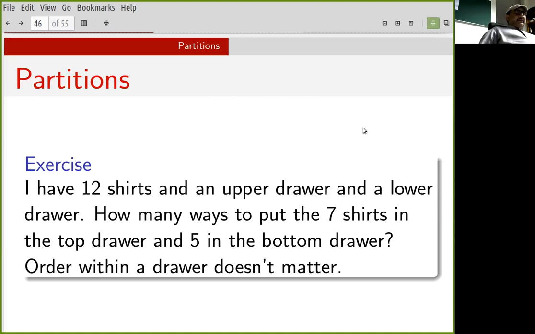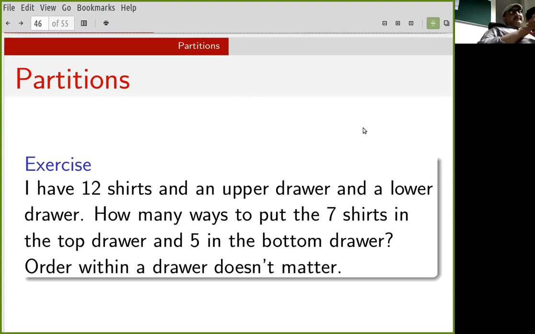When I put 7 of them into a drawer and the order doesn't matter anymore, that 12 factorial included 7 factorial arrangements of those shirts, except I'm not regarding those as different ways of arranging the shirts anymore. So I should divide by 7 factorial.